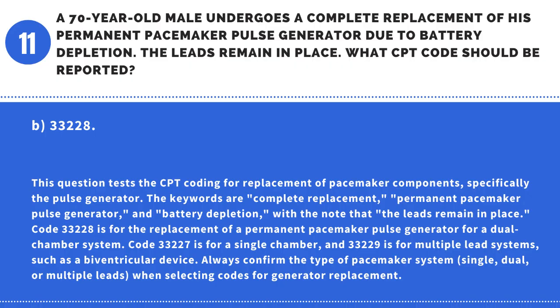Code 33228 is for the replacement of a permanent pacemaker pulse generator for a dual-chamber system. Code 33227 is for a single chamber, and 33229 is for multiple lead systems, such as a biventricular device. Always confirm the type of pacemaker system, single, dual, or multiple leads, when selecting codes for generator replacement.